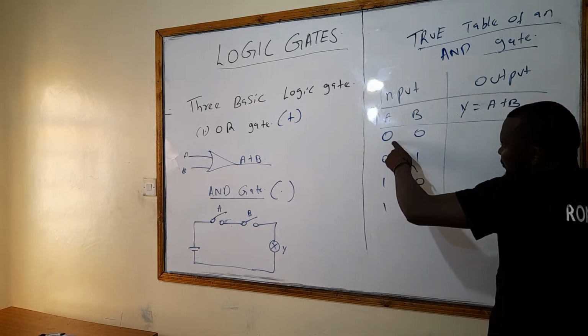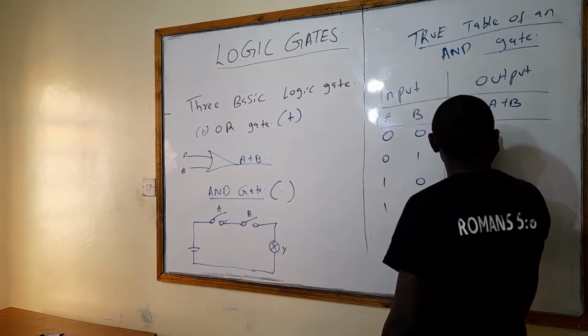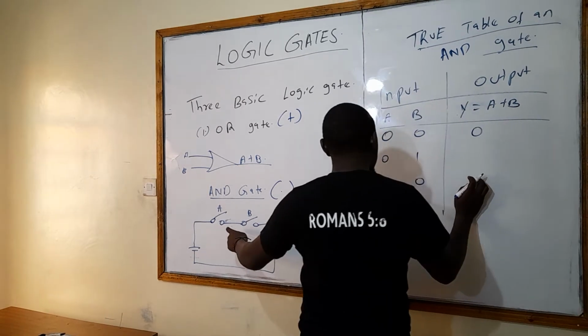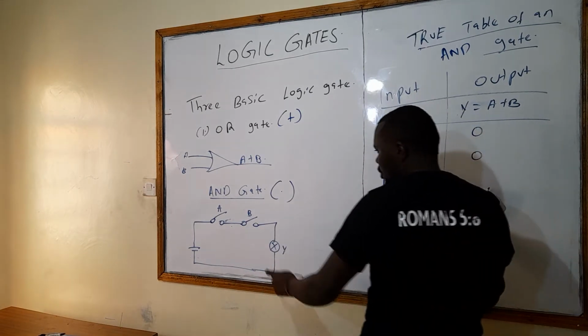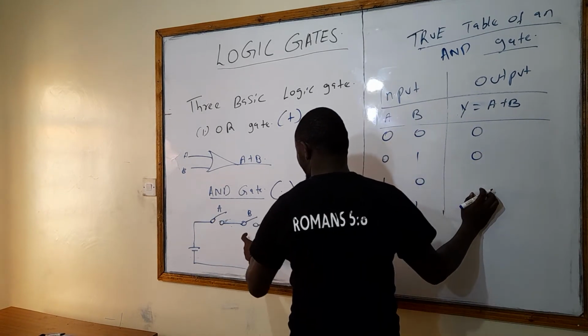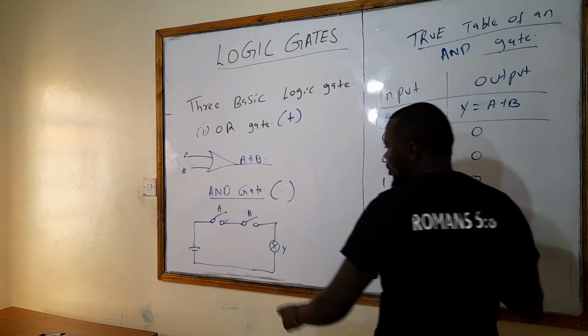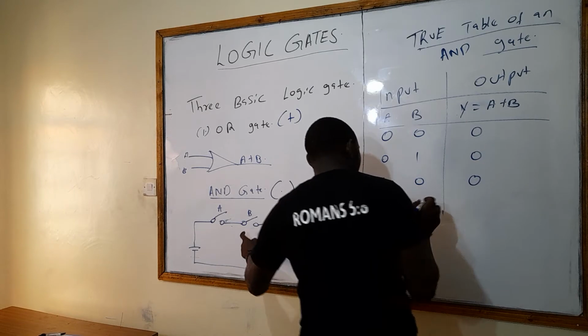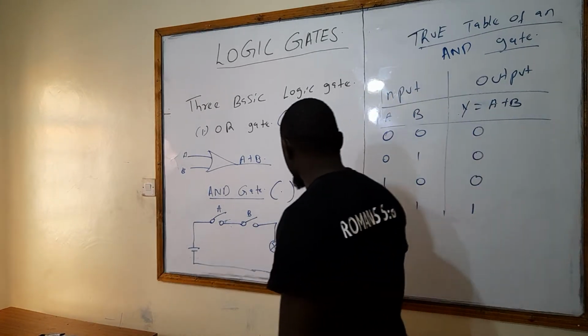Therefore, when we have 0 0, the switches are off, off, and the result will be 0. When this one is off and this one is on, the result will also be 0. When this one is on and this one is off, the result will also be 0. When both are on, we'll have a line that is 1, and the output is 1.